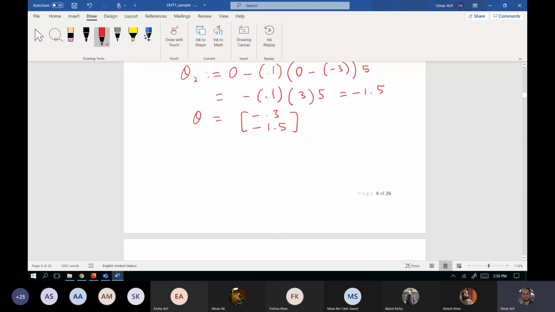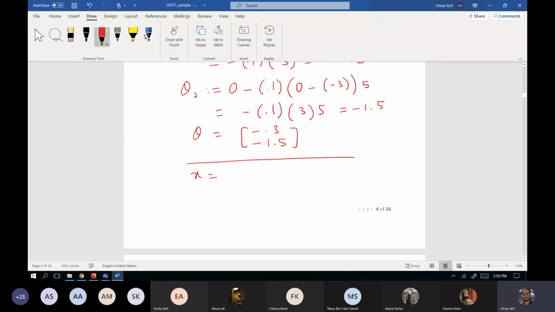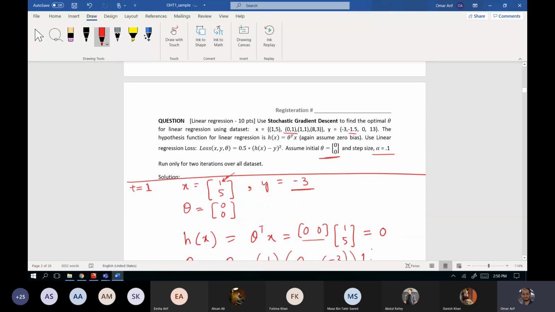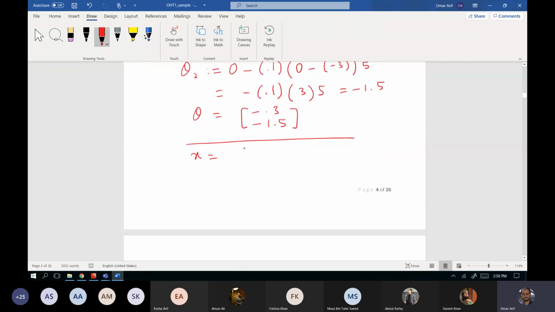Now next we pick the next example, which is this one, 0 1, and the ground truth y is minus 1.5.